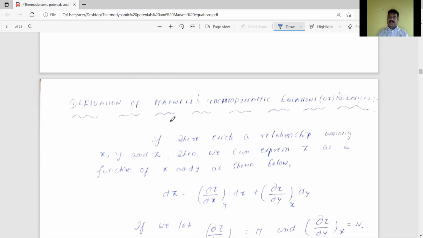In order to derive Maxwell's equations, let us take three variables x, y, z.